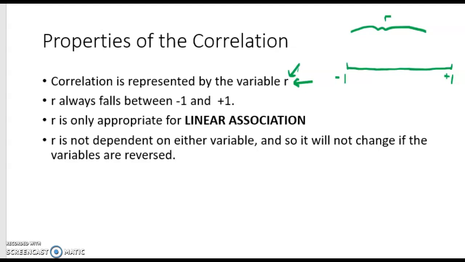Now, if it's at 0, come on, write a 0 in here. Got a little lag going on here. Nice. So if you're at 0, basically that's weak, weak, weak. Okay, basically no correlation whatsoever. And then as you move out towards the ends, it becomes stronger and stronger. Okay.